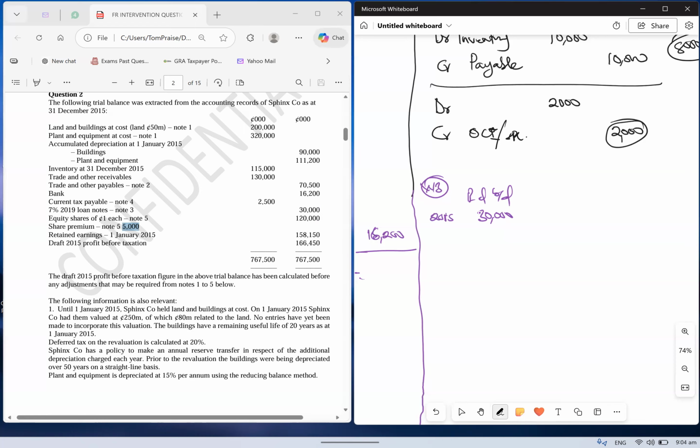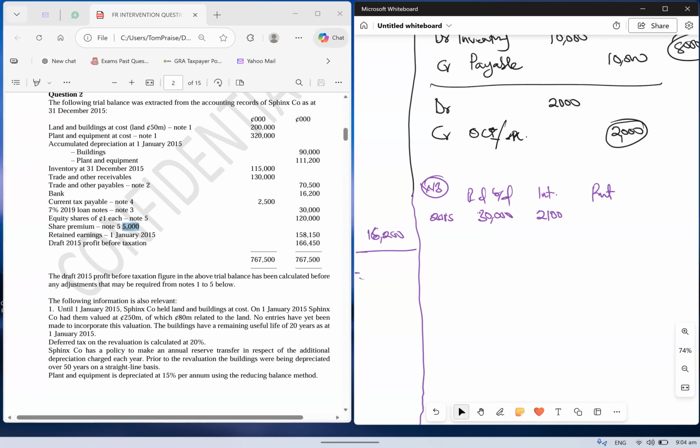So do 7%, which is 2,100. And the payment should also be 2,100.